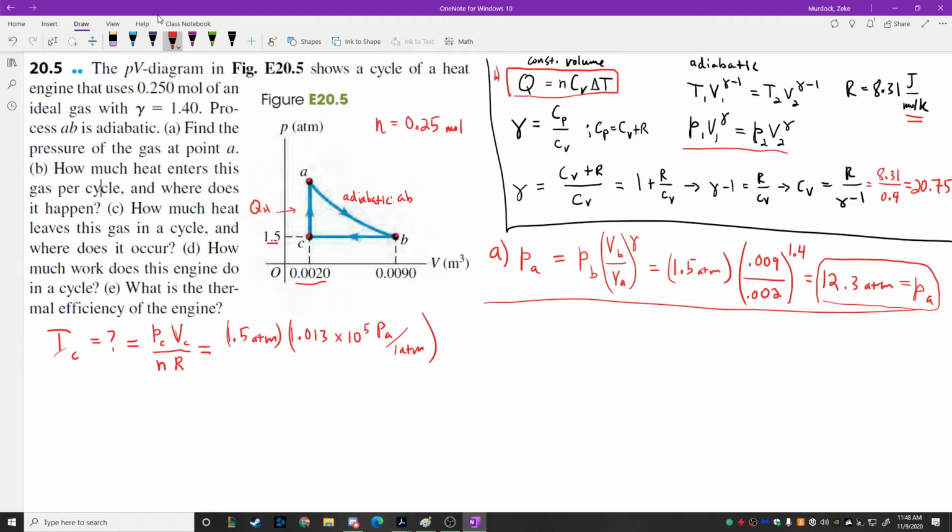So that's our pressure, and then we multiply by the volume at point C. The volume at point C is 0.002, and now we do need to write units, meters cubed. We divide this by N, which is 0.25 moles, and then times R, which is 8.31 joules per mole Kelvin.